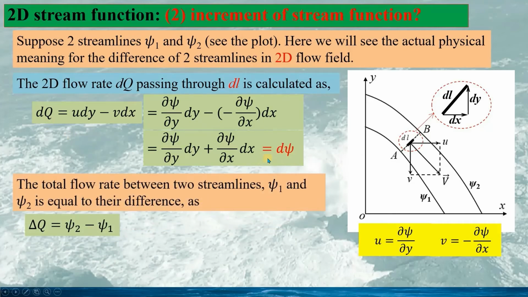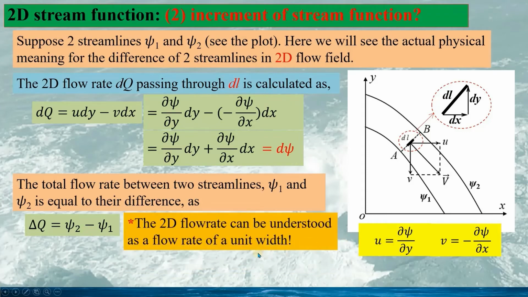So we integrate this expression, and we find the total flow rate between these two streamlines, psi1 and psi2, is equal to the difference of these two stream functions, psi2 minus psi1.